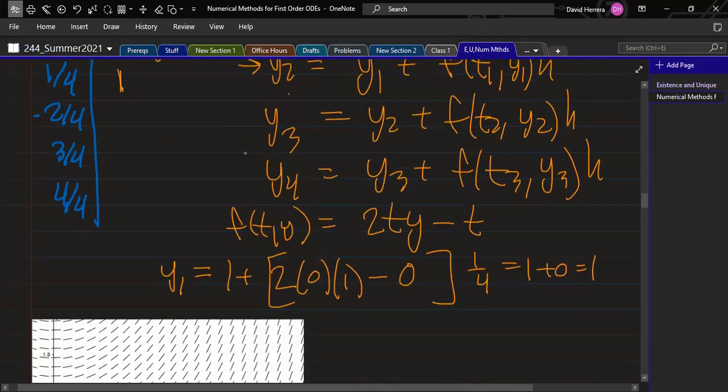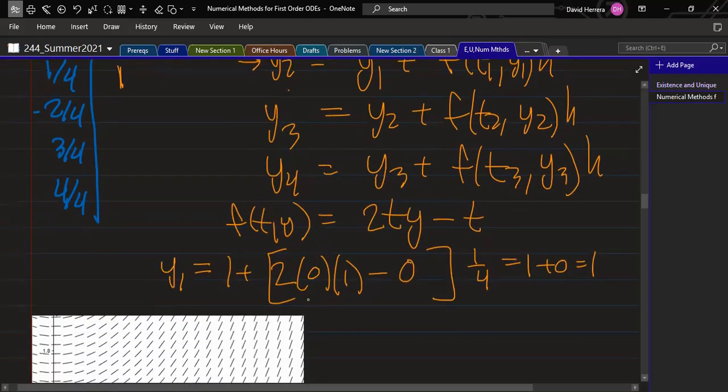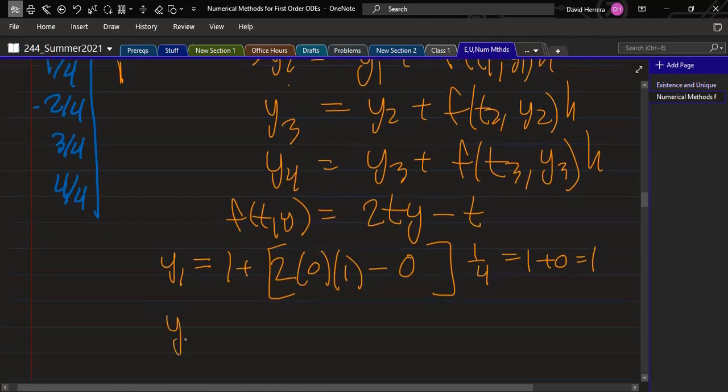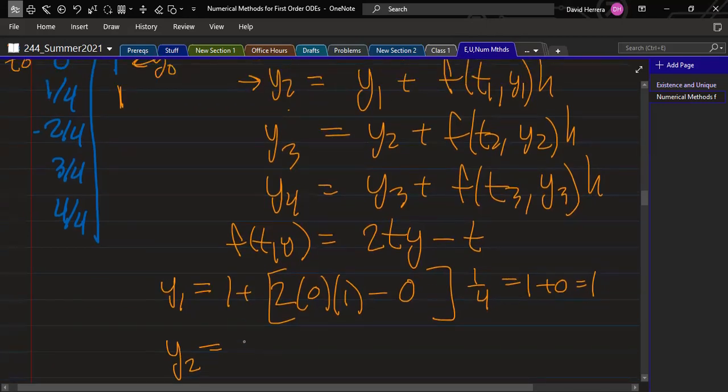Now let's go calculate y2. What we do is we just use this expression up here. y1 was 1. And then we're going to plug in the derivative, and then we write in our step size. So the derivative is 2 times the t times the y minus the t. Now we're going to use t1 and y1.